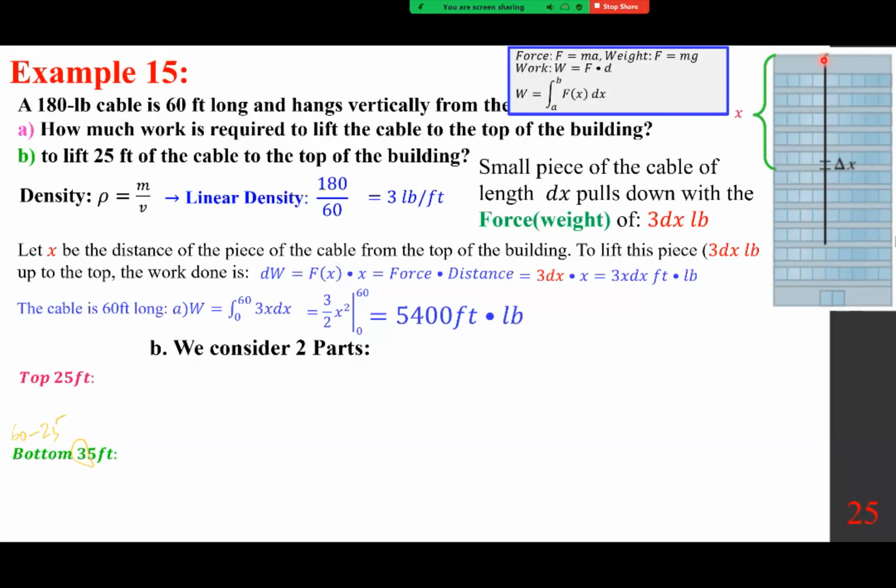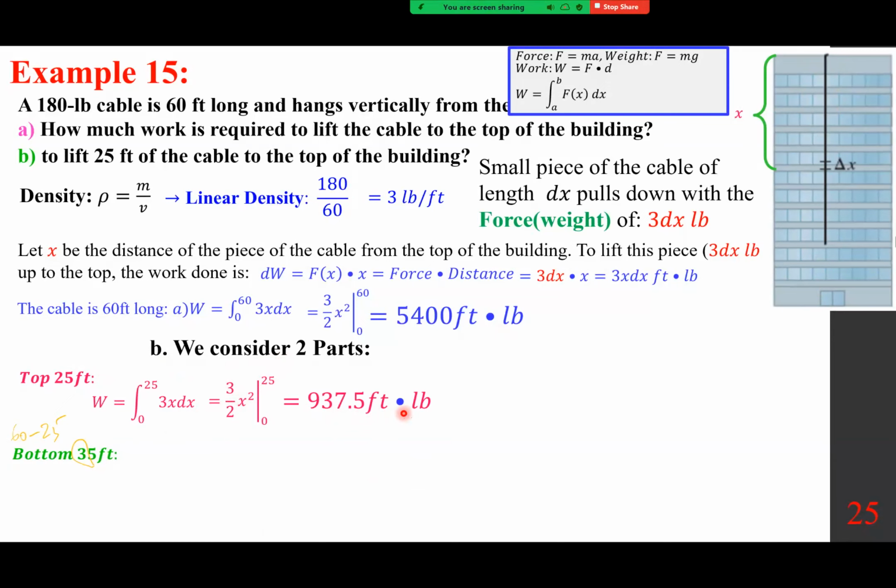But the top 25, if you're at the top, let's say 1 foot, only 1 foot comes out. But here 2 feet and so on and so forth. So that's why this is variable. And therefore we use this formula again, 3/2 x squared from 0 to 25. Replace the x with 25 and square it times 3/2 gives you 937.5 and use the proper units, foot-pound.